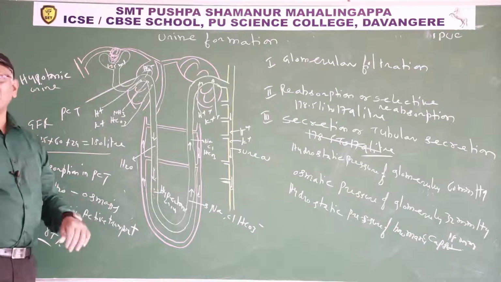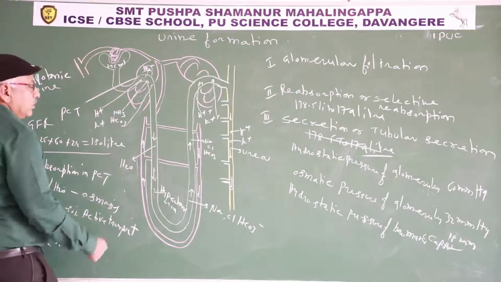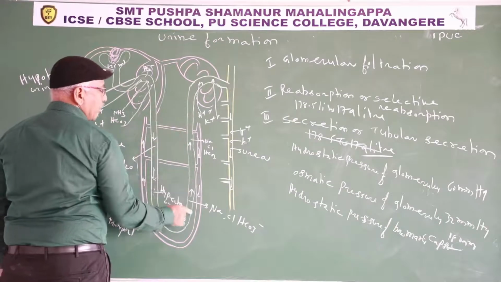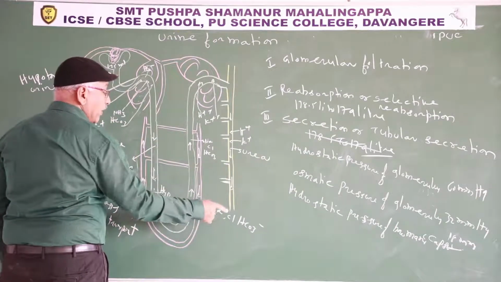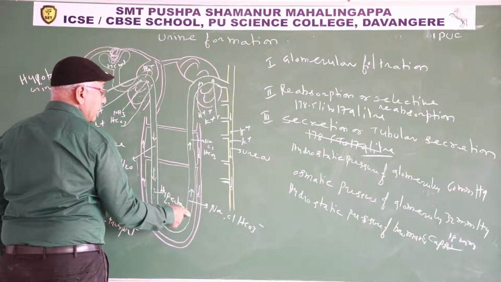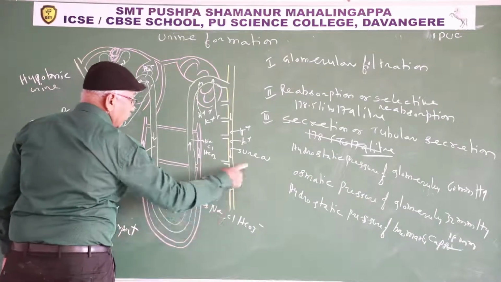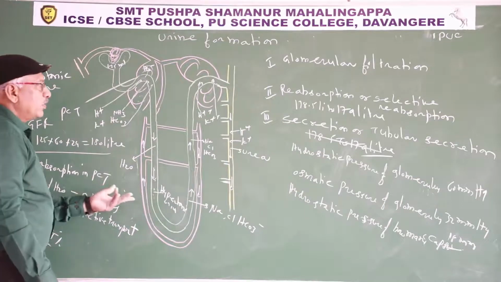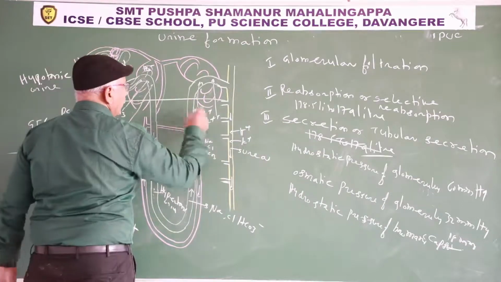The tissue present around the nephrons is known as medullary fluid. You all know the tissue present around the loop of Henle is medullary. The tissue present around the Bowman capsule, PCT, DCT is known as cortical fluid. Cortex, medulla in case of juxtamedullary nephron.